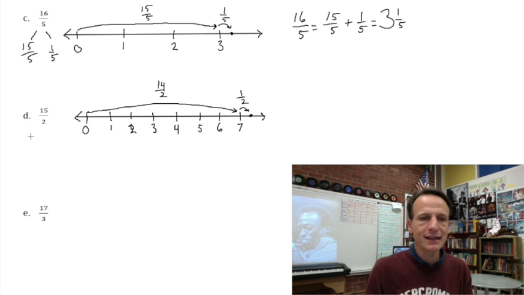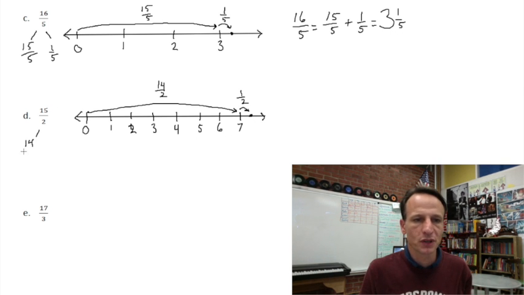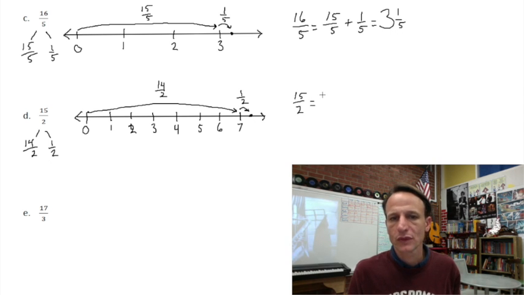And so what I did, to go back over here and make the number bond, I decomposed 15 halves as 14 halves and 1/2. And why did I do that? Well, you'll see in a second. So starting off from 15 halves and decomposing it as 14 halves and 1/2. Well, why did I do that?